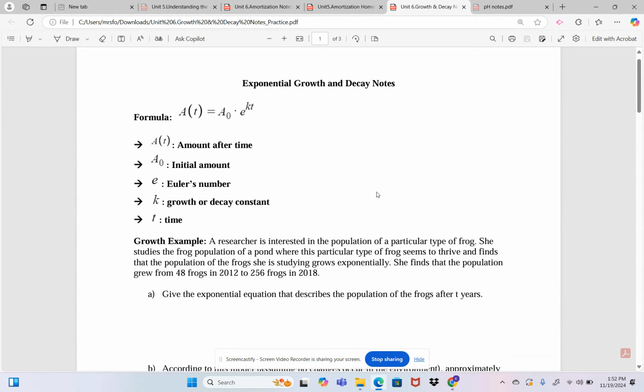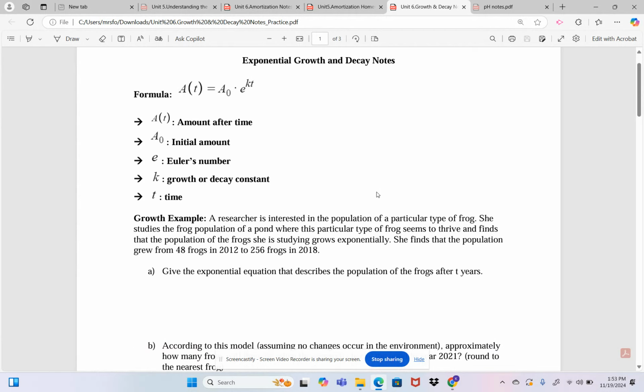Yeah. All right, growth and decay. Then I have, we need to look at pH, and I have a handout for that, and we'll look at that. Let me think. Yeah, let's go ahead and do this.